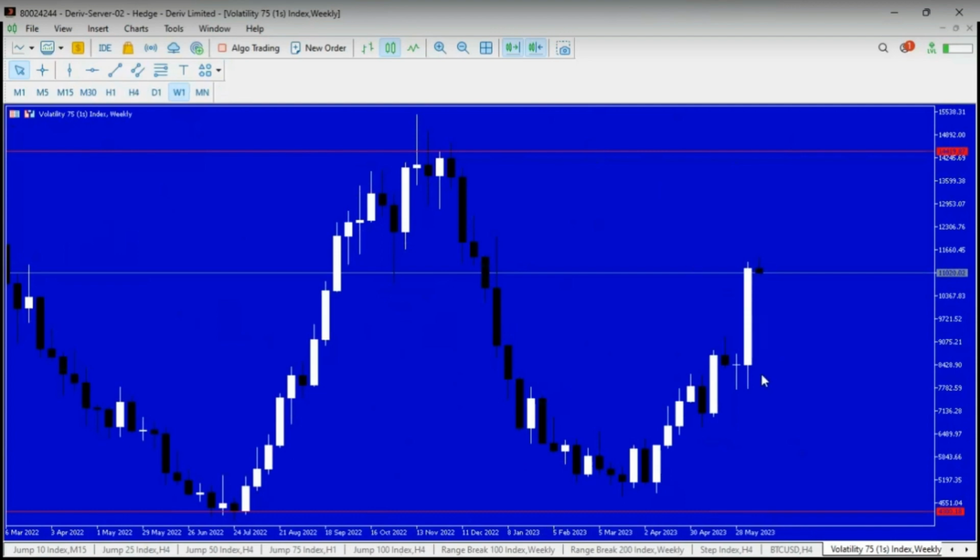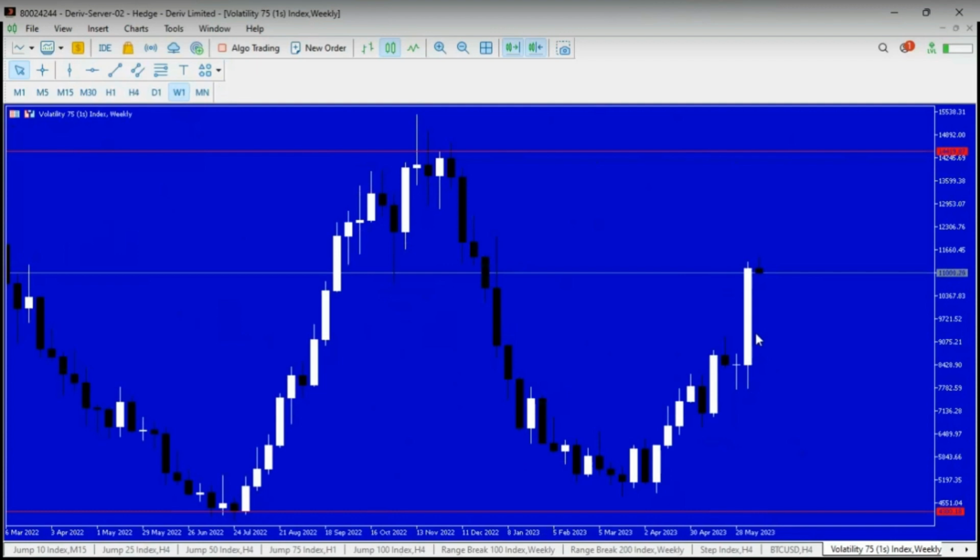These candlesticks, we check them. We check where they closed and where they opened. It opened here, it closed here. This area or the candlestick body, we check it as well. How long is it? How tall is it?